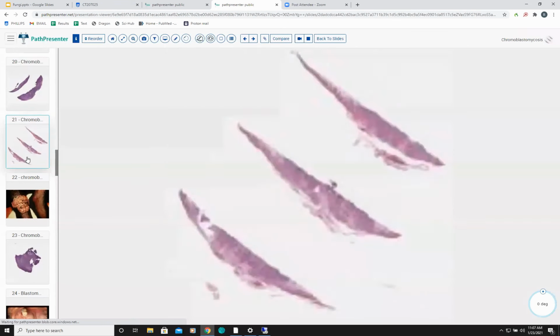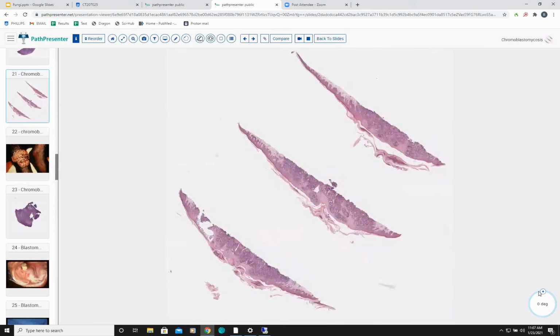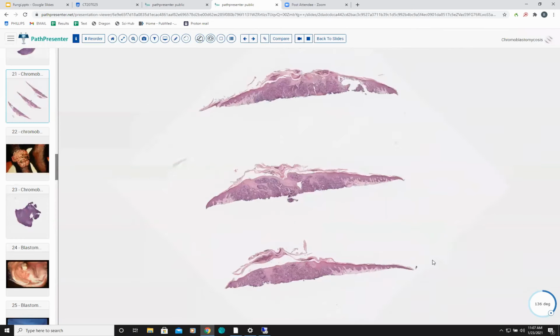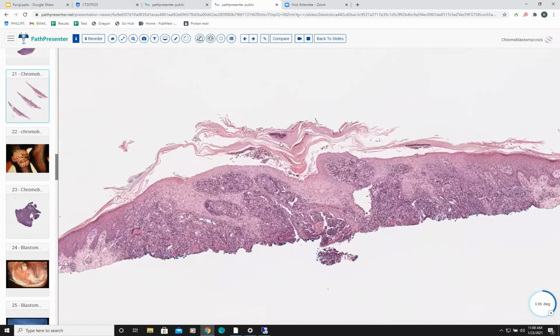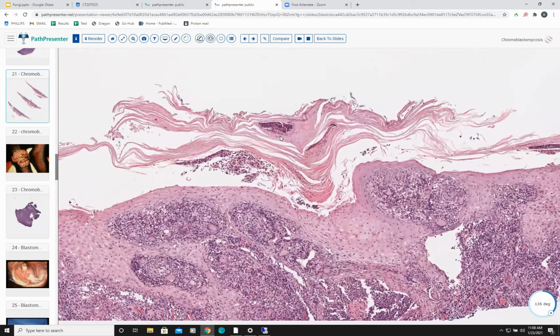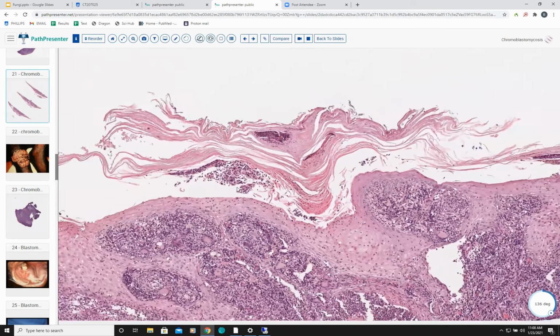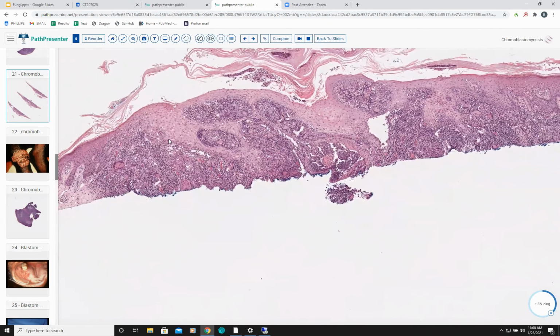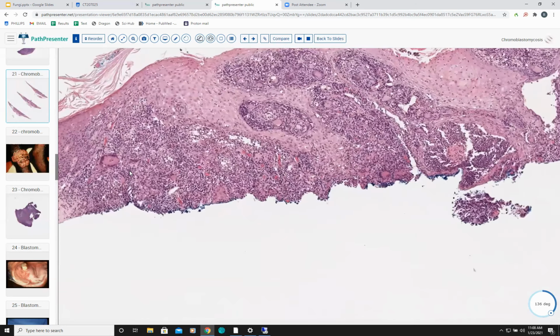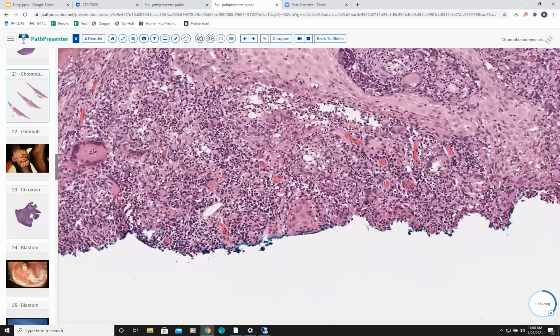Here's just another example, and these often are not clinically suspected and come in as shaves. So this one, you can see the neutrophilic infiltrate, neutrophil-rich parakeratosis. This one doesn't have so much pseudoepitheliomatous hyperplasia, although there is quite a bit. And here you can see even at medium power giant cell formation, a lymphohistiocytic infiltrate.